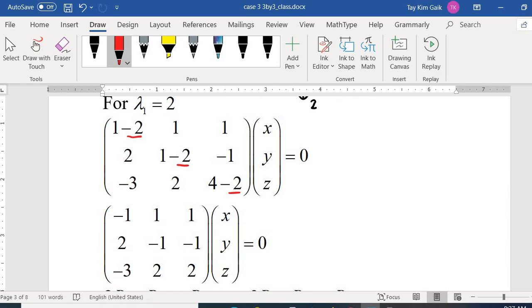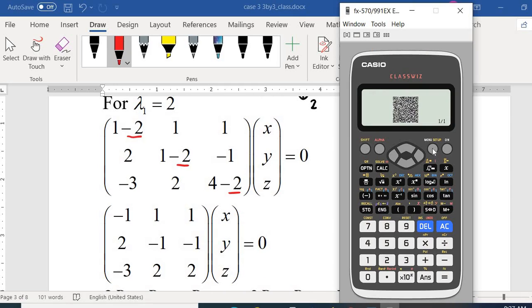So you have 3 equations with 3 unknowns. You can try to use your scientific calculator to see whether you get 3 unique solutions. So again, I go to the equation mode, simultaneous equations, 3 unknowns. For this calculator, you can solve up to 4 unknowns, 4 simultaneous equations. You key in the coefficients of your simultaneous equations row by row.